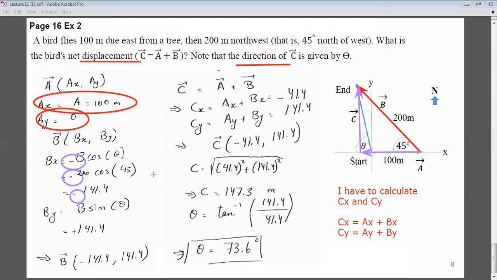This is vector C. So the magnitude of vector C is square root of 41.4 squared plus 141.4 squared. Just use the calculator. The direction theta is tan inverse of the y component over the x component. So 141.4 divided by 41.4. So theta equals 73.6.